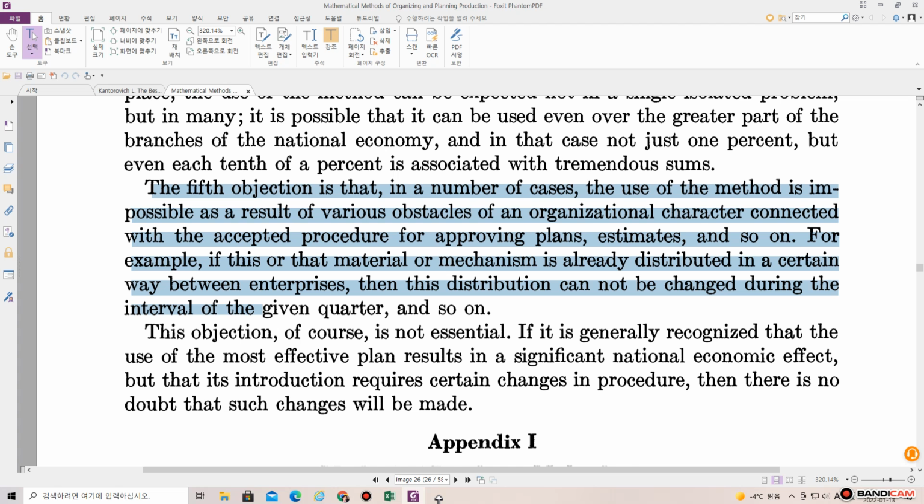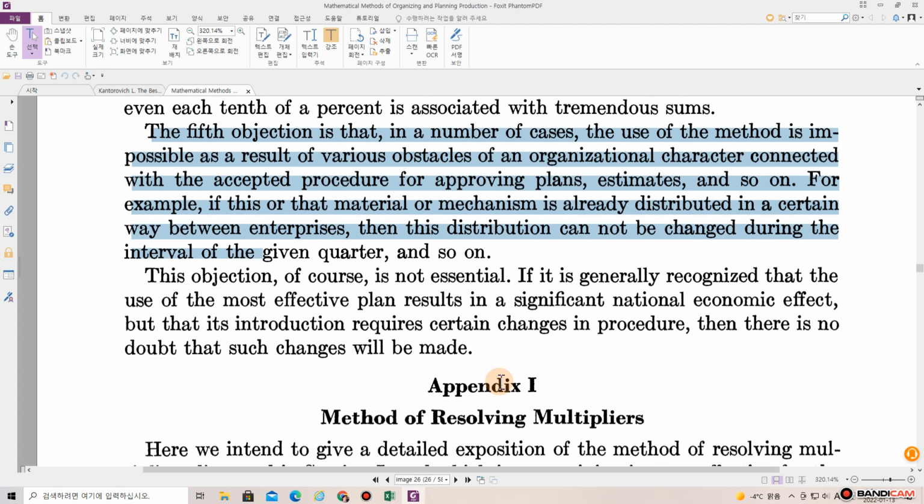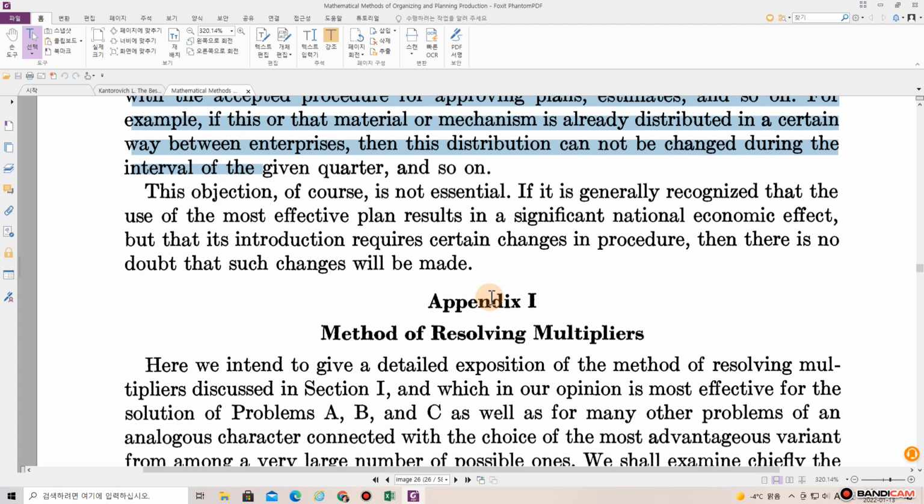This objection, of course, is not essential if it is generally recognized that the use of the most effective plan results in a significant national economic effect, but that its introduction requires certain changes in procedure, then there is no doubt that such changes will be made.